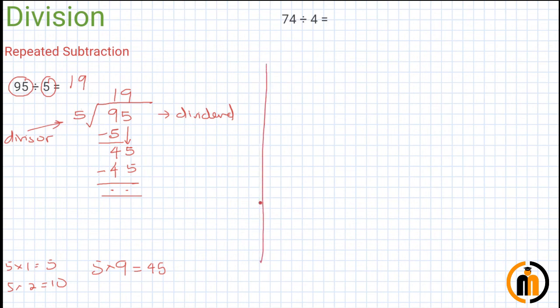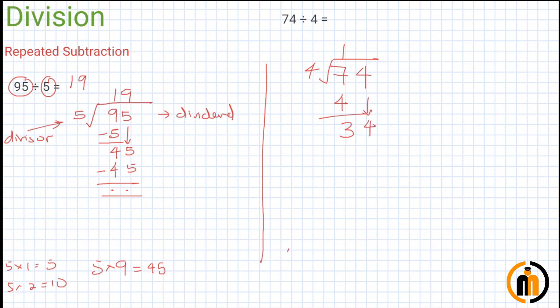Alright. Now we're going to do another one, because in this one you will not be able to completely divide it. For example, 74 divided by 4. We'll use 4 times 1, because 4 times 2 would be 8. So 4 times 1 is 4. 7 minus 4 gives 3. This number comes down.